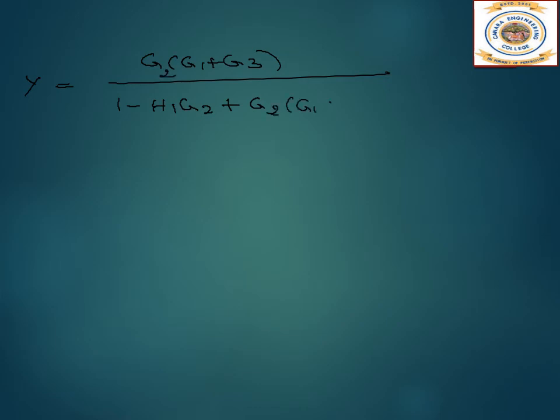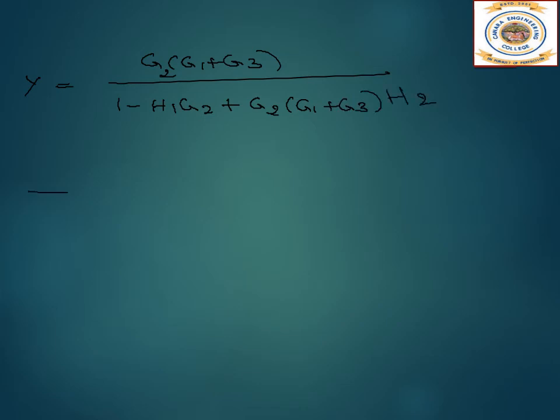So after simplification we get that Y is equal to G2 into G1 plus G3 whole divided by 1 minus H1 G2 plus G2 into G1 plus G3 into H2.